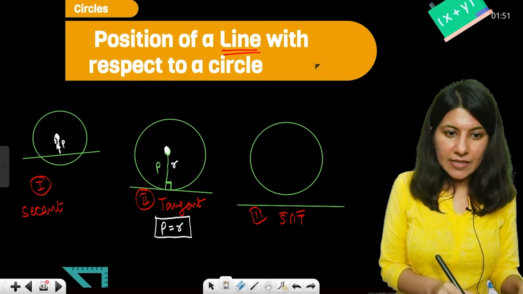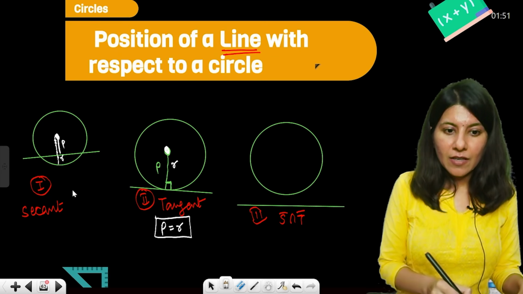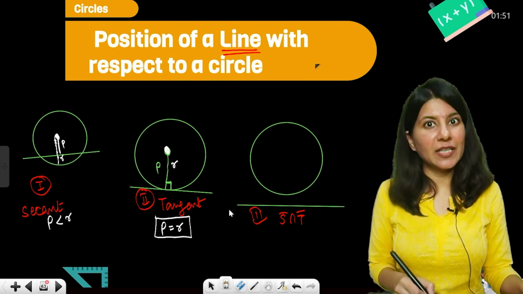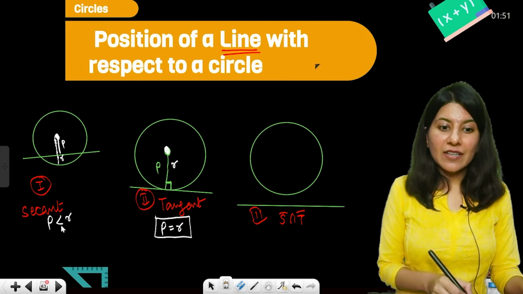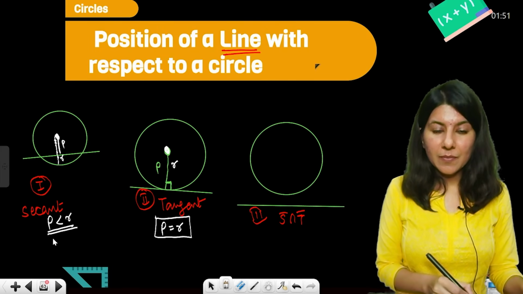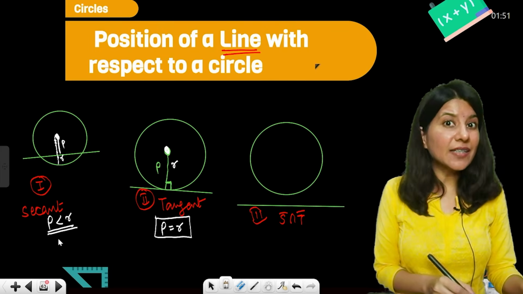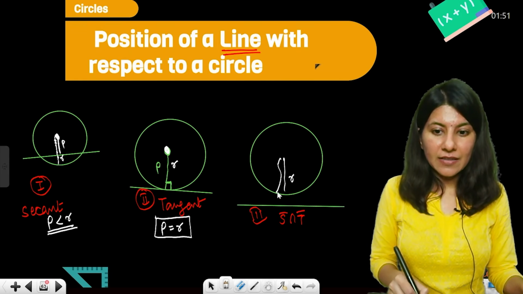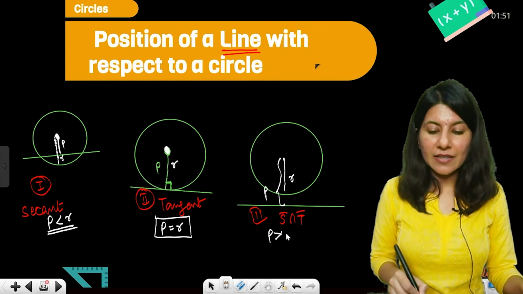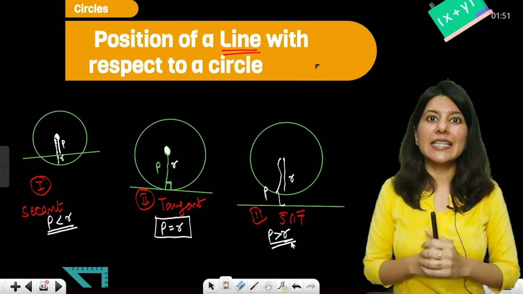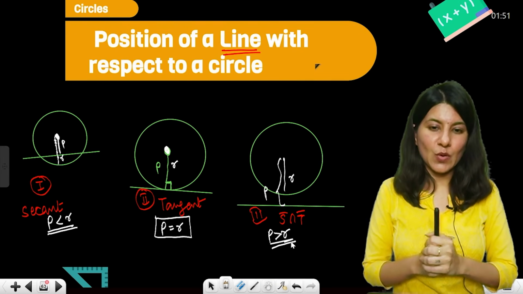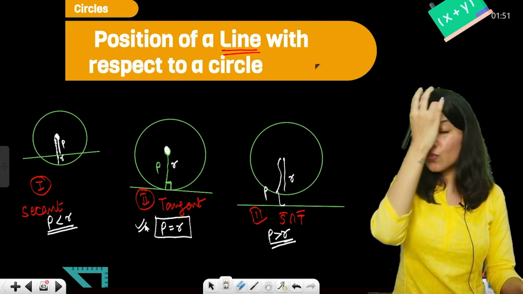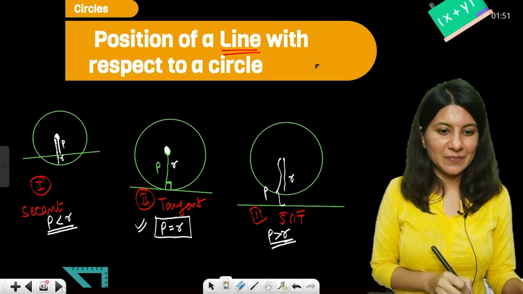This radius length will be greater than the perpendicular distance, right? So when the radius is greater than P, or P is less than R, you will get a secant. In this case, clearly, this is your radius and this length is P. So P greater than R will be neither secant nor tangent. These are the three cases wherein the condition of tangent is very, very important.